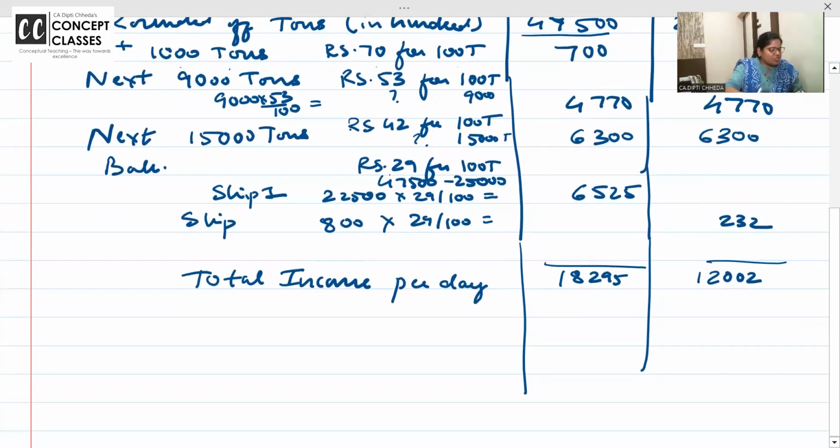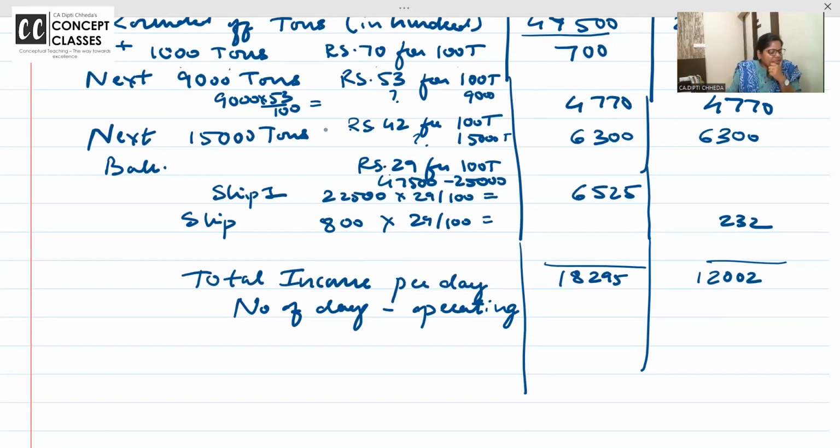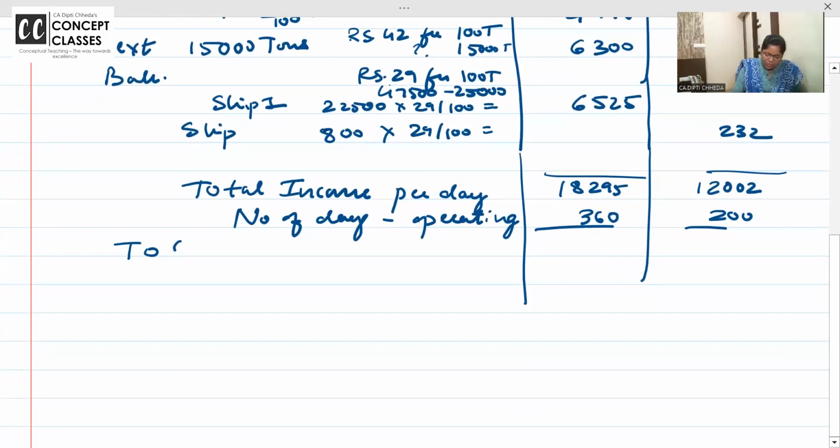Now, the number of days the ship is operating. Number of days the first ship is operating; that also must have been given to you somewhere. The first vessel is operating 360 days and the second is operating 200 days. So what is the total income for each ship?